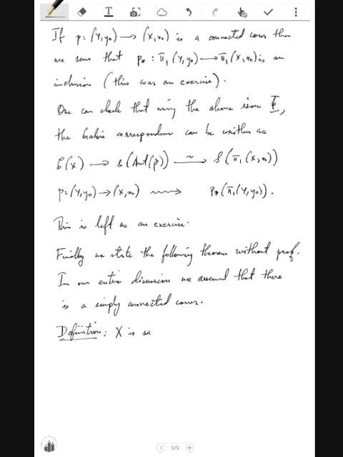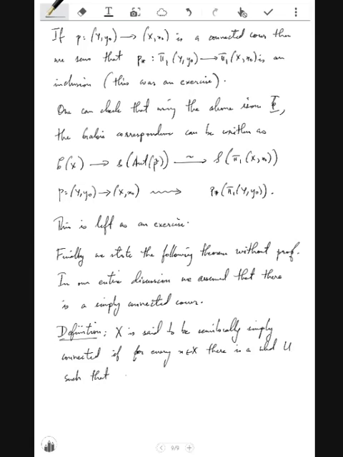X is said to be semi-locally simply connected if for every x there is a neighborhood U such that the inclusion induces a map at the level of fundamental groups, and we want that i lower star of pi 1 U x should be trivial.